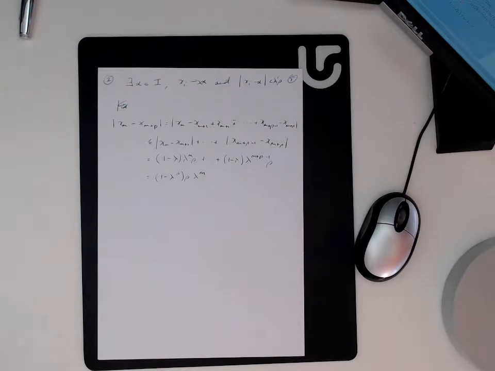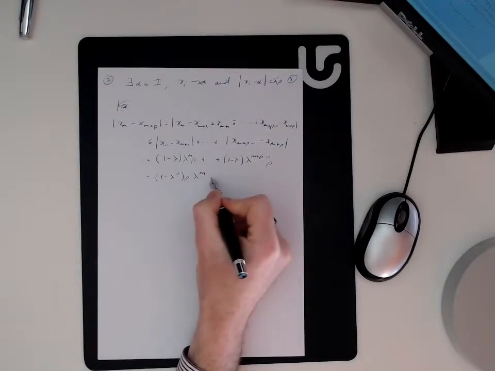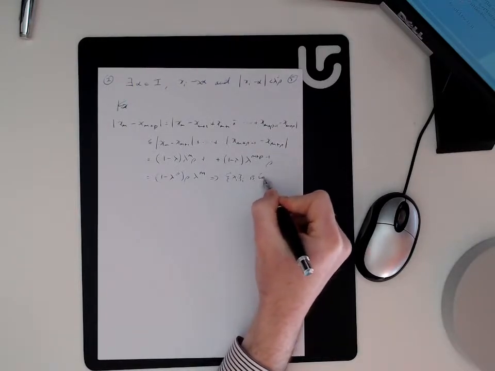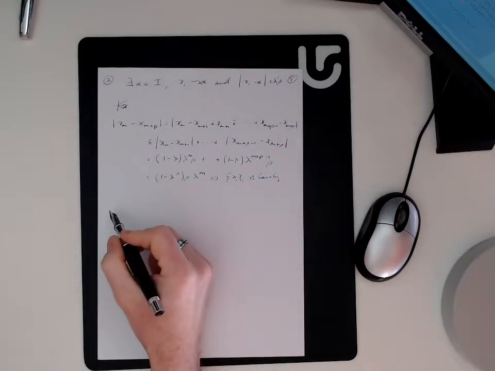Okay, now I didn't write this down in class, and for that I apologize. I should have. The claim was that this implies that the sequence x_i is Cauchy, and it does. Here I'm going to prove it.